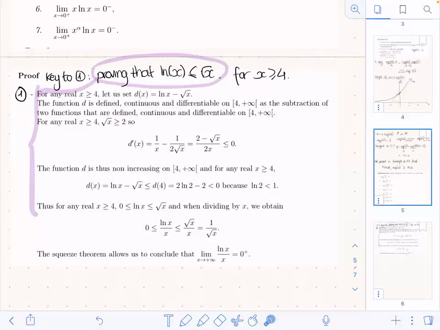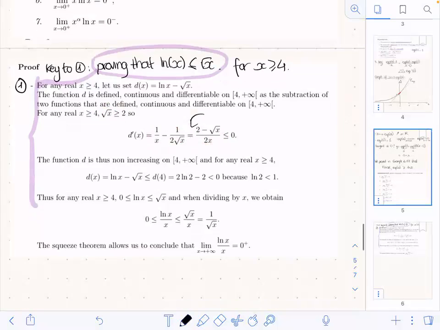If we reduce this difference of 2 fractions to one fraction, you get this. The intermediate step that may not be that clear is that you first get 2 square root of x minus x, divided by 2 square root of x times x.